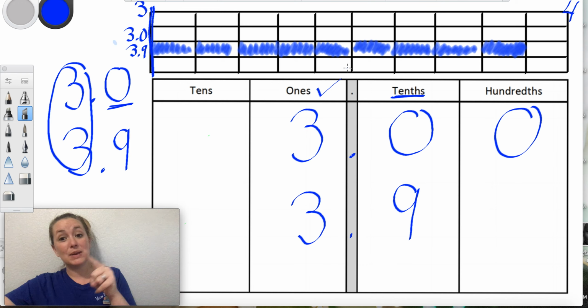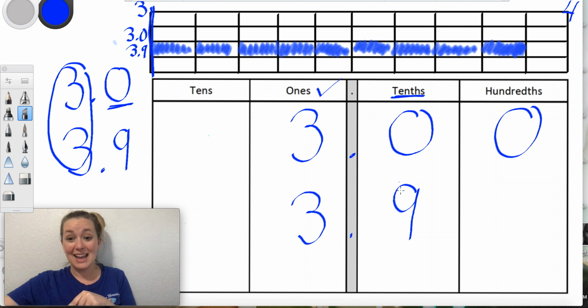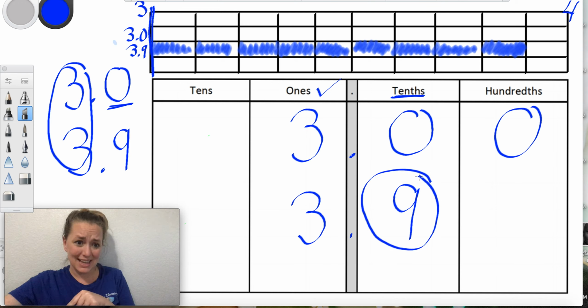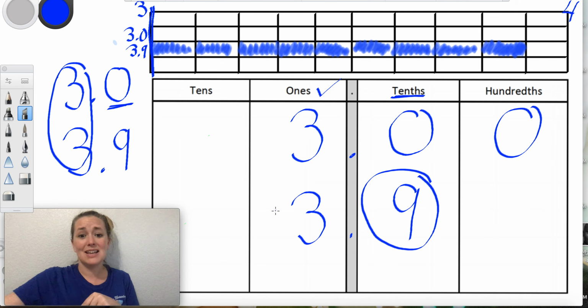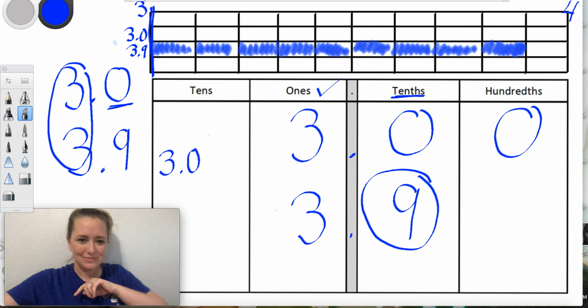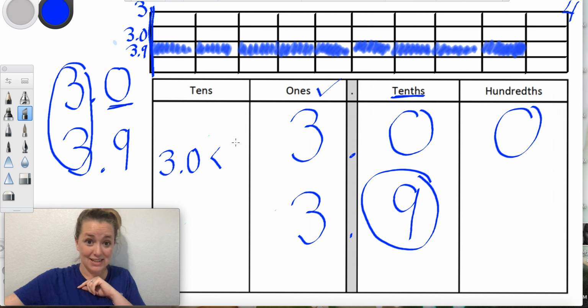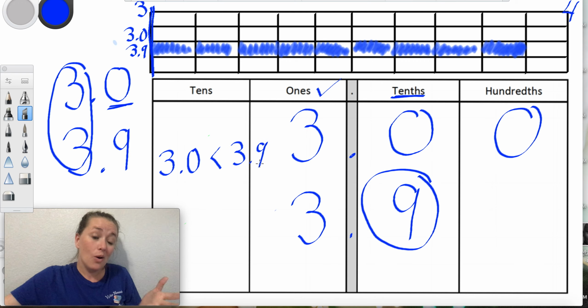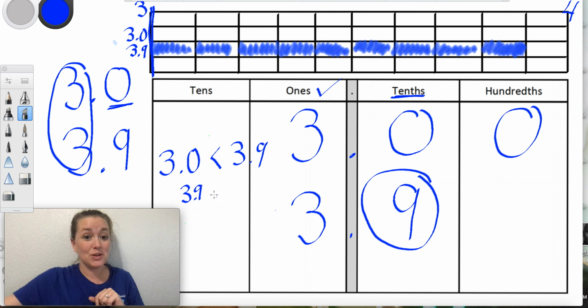So then my next biggest unit is my tenths, and I have 9/10 compared to 0/10. This one is greater. So I could say 3 is less than 3 and 9/10, or I could also flip it and say 3 and 9/10 is greater than 3.